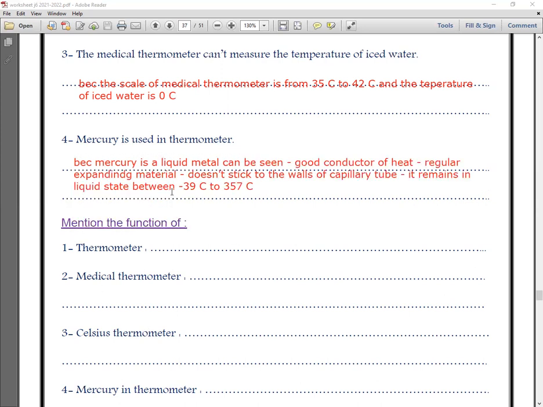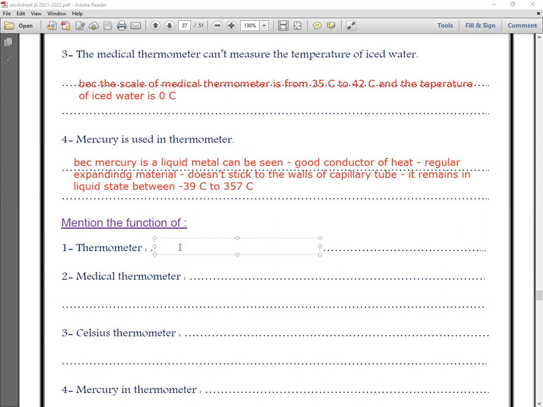So the 5 reasons again: mercury is a liquid metal that can be seen, a good conductor of heat, a regular expanding material, doesn't stick to the wall of the capillary tube, and remains in liquid state between -39 to 357.